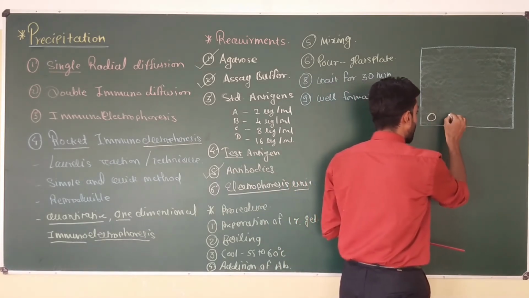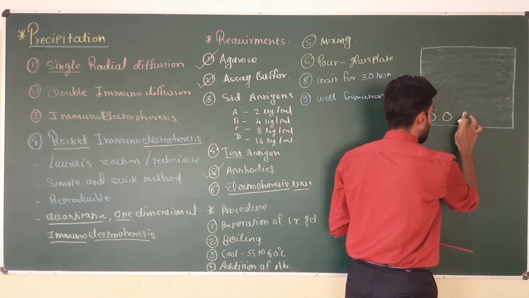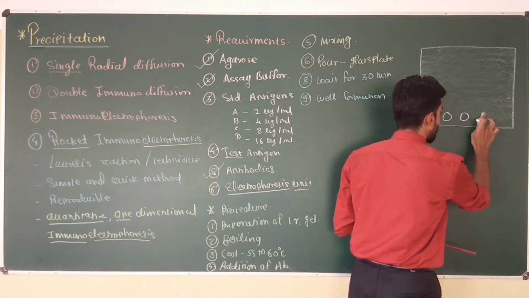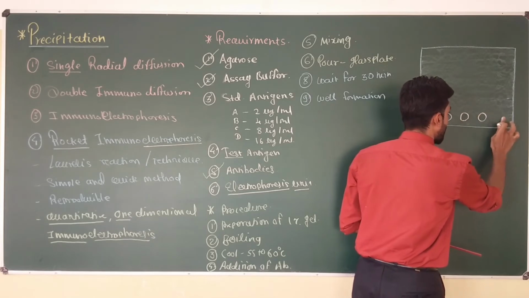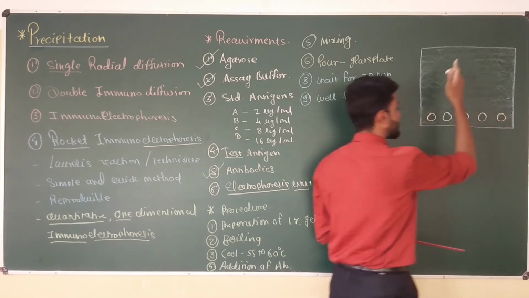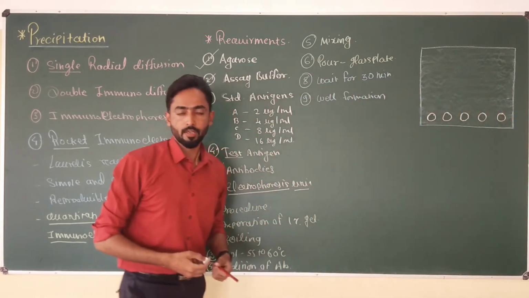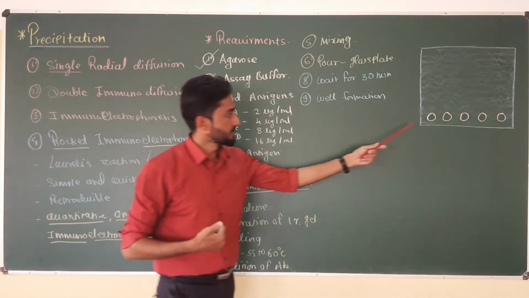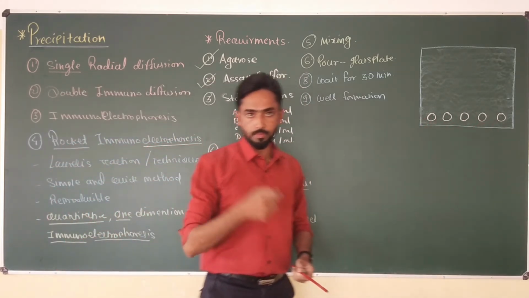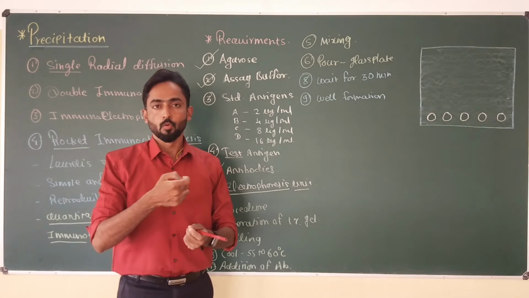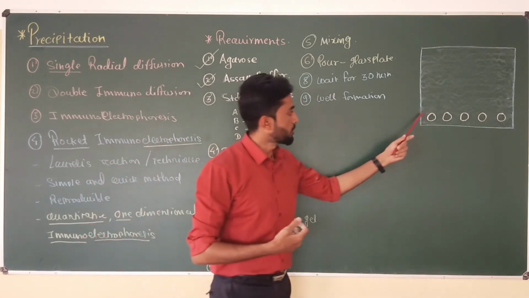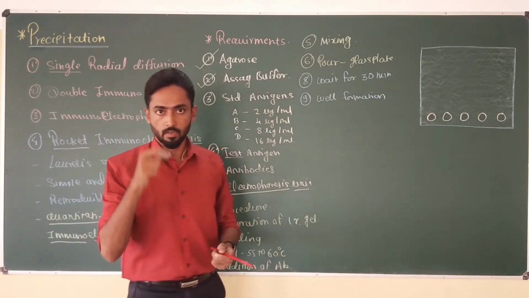Suppose I made 5 different wells with the help of the gel puncture at one end of this glass plate. These wells are made with a special type of gel puncture which avoids the breakage of the well at the time of puncturing.